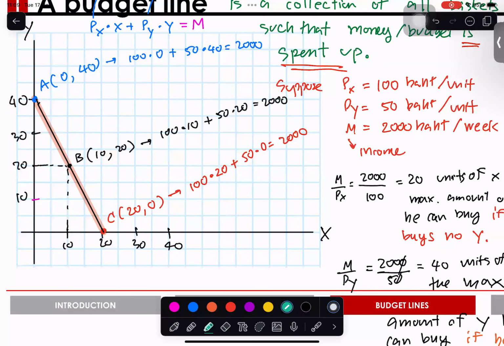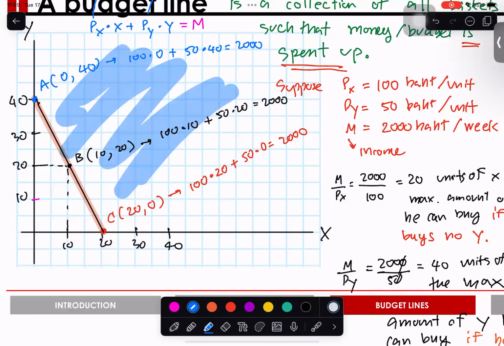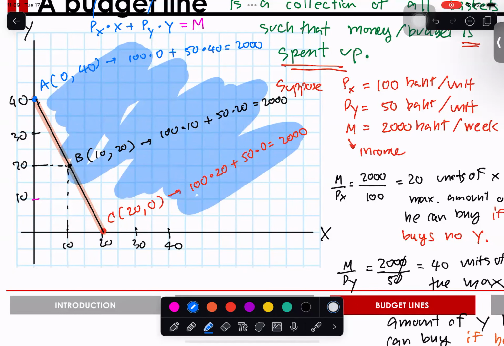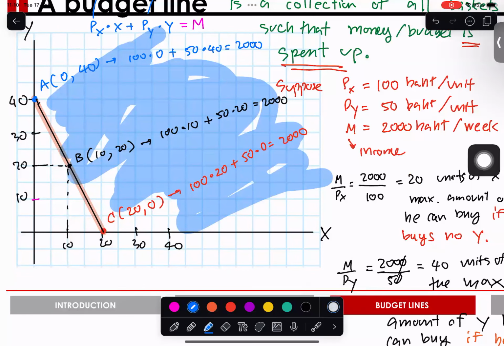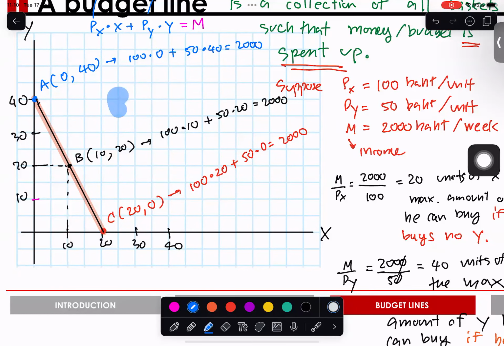If on this line expenditure equals income, then in this ocean, PX times X plus PY times Y must be bigger than M. Expenditure is greater than 2,000 for sure.